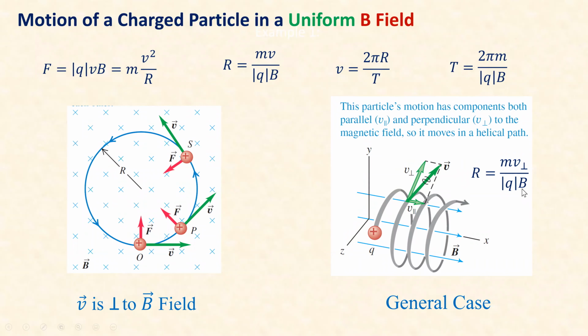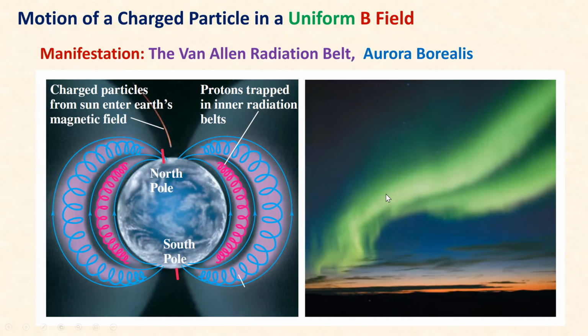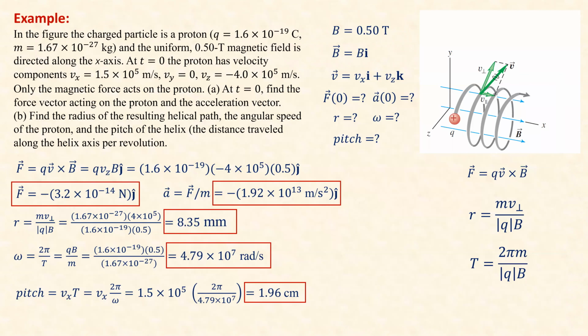So when you get a stronger magnetic field, the circle becomes a smaller radius. So that's why you see here, magnetic field is weaker, we have a larger radius. It becomes smaller radius here. So when these particles hit the atmosphere here, they create lights that you see as northern lights or aurora borealis. And we did this example that was exactly using these formulas, as you saw.